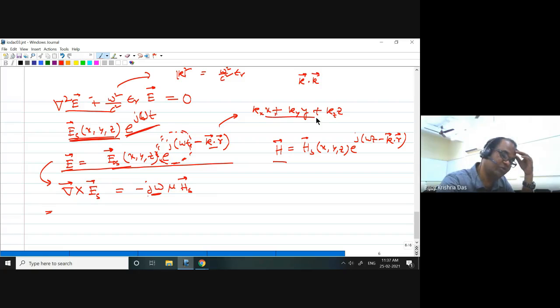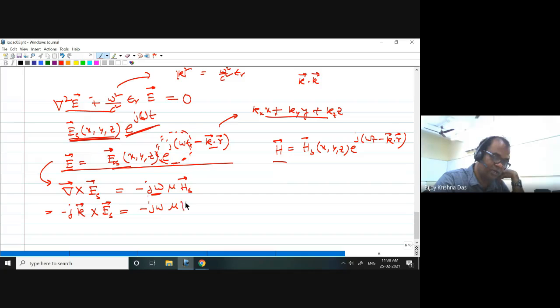If you use this and assume that there are three components, and substitute here, after substituting you will get a simplified form: minus j k cross E_s equals minus j omega mu H_s. This is the simple form you will be getting.